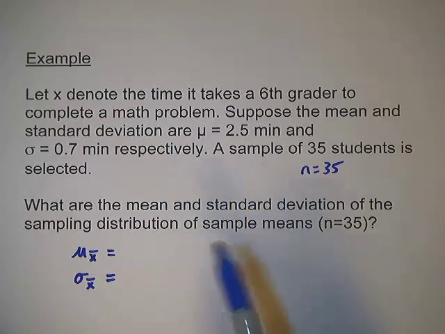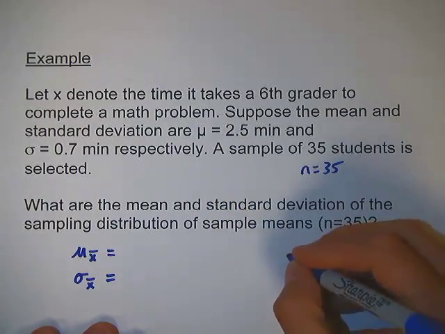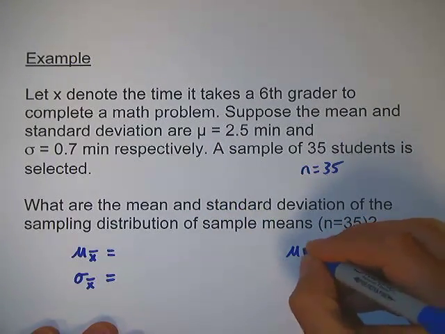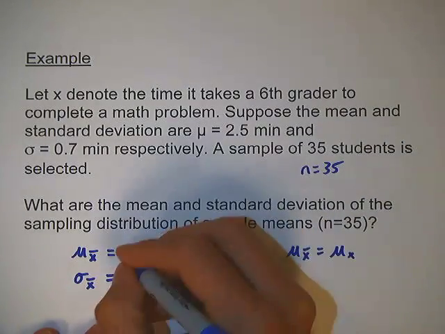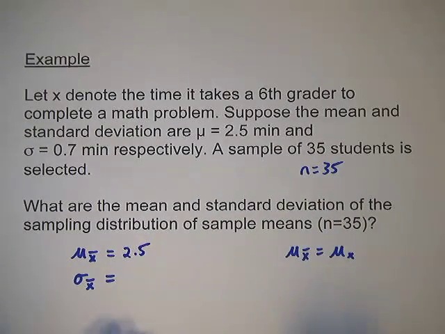Remember, mu sub x bar is just equal to mu sub x, or mu. So we would expect a group of 35 students to average 2.5 minutes.